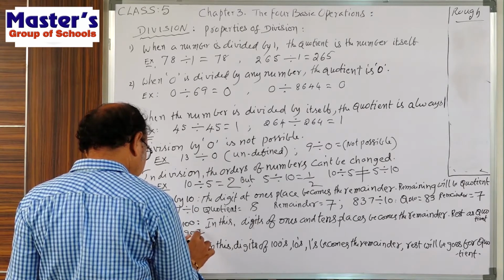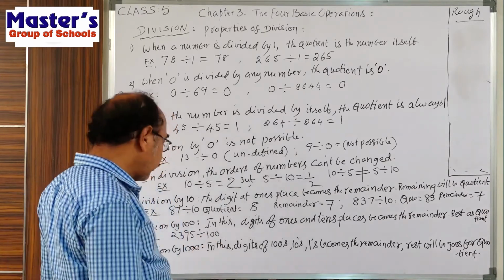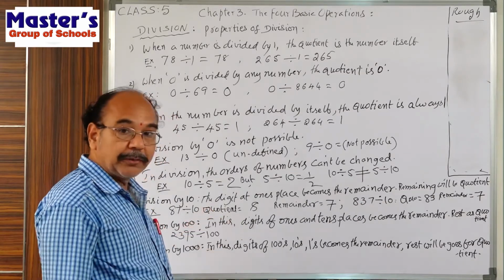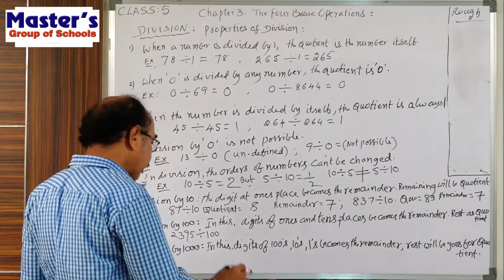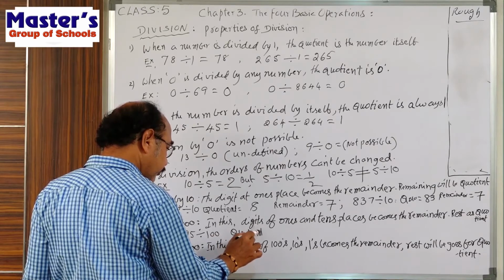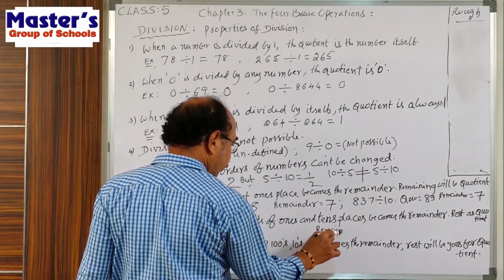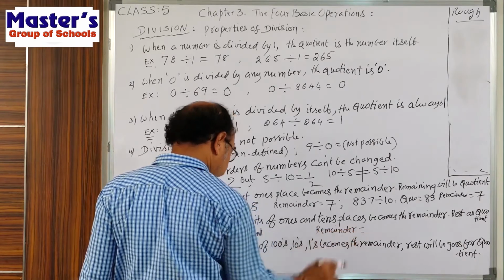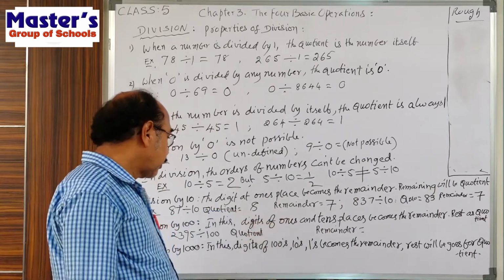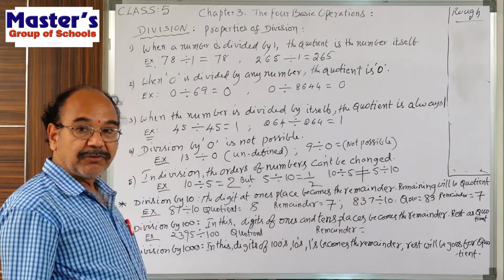For example, you see here, 2395 divided by 100. In this division, you write the quotient and remainder. What is the quotient and what is the remainder? Okay, children. See, digits of ones and tens become the remainder.